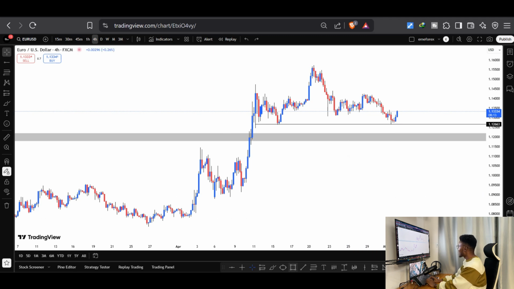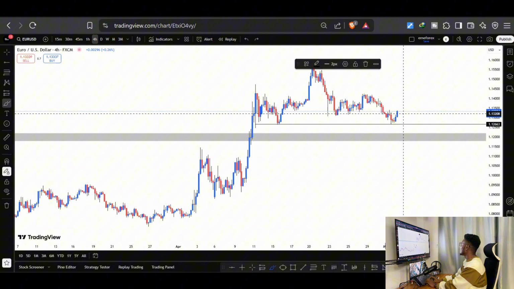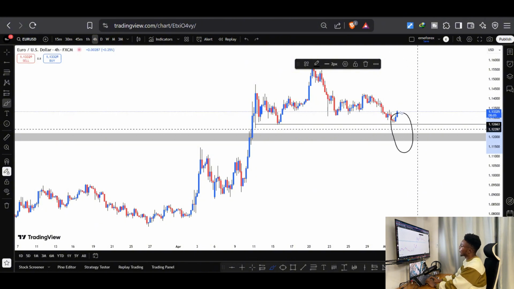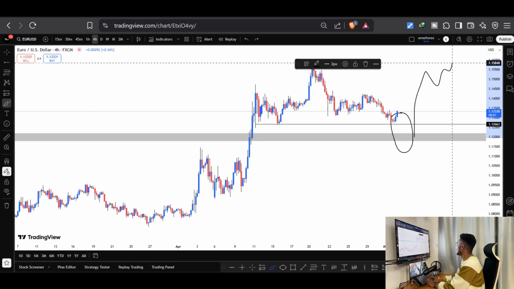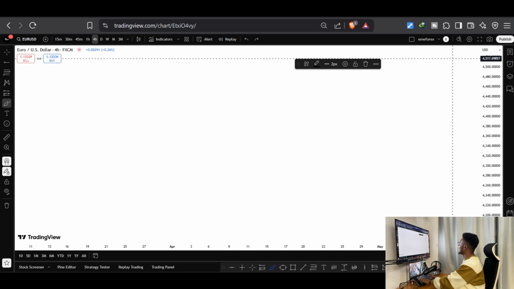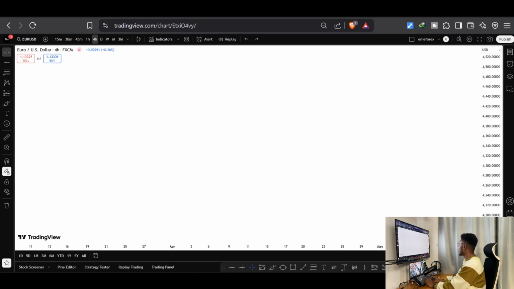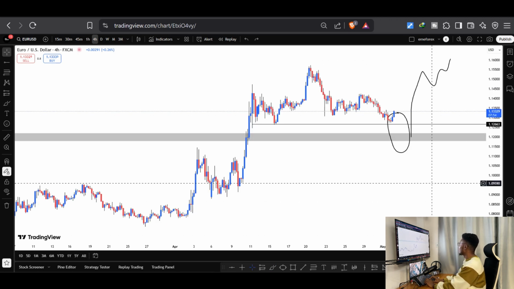Naturally, I want to see if, when the NFP comes out, we trade into this region and probably reject or bounce from here. That would be decent price action that could open the floodgates for us to start seeing buys.